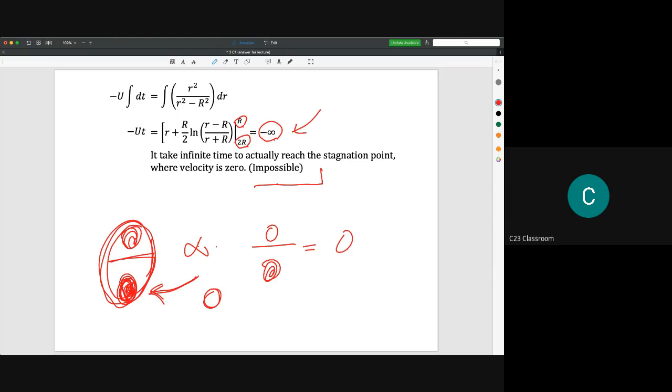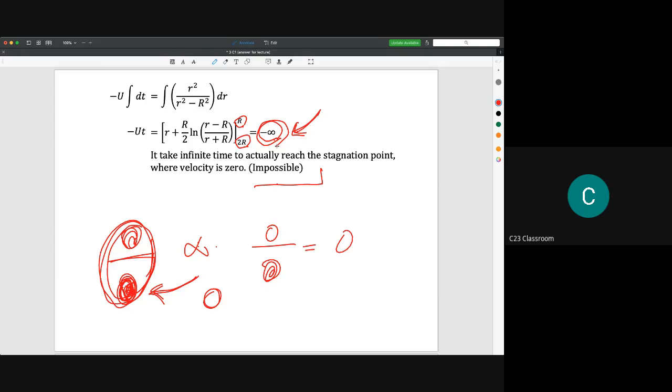In this calculation you will get infinity, which means, okay, it is not because it takes too long. You cannot say that it is an infinite time, because it takes too long for the molecule at 2r to reach the r location. No, that is not the meaning. The meaning of this infinity is that there is no possibility.